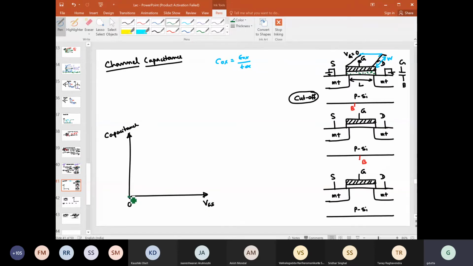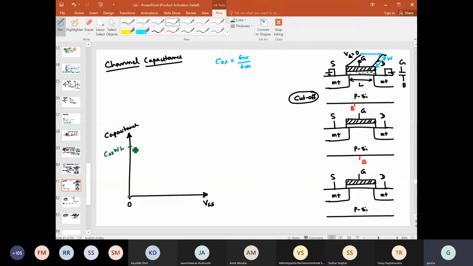When the gate to source voltage was 0, this value would be equal to C ox W into L, right?